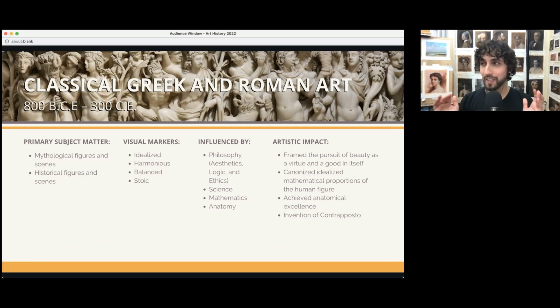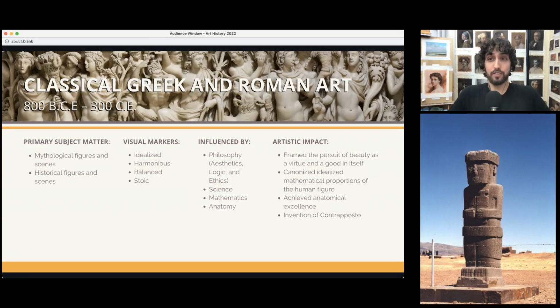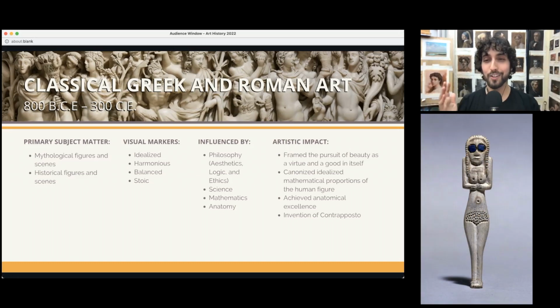Kind of difficult to imagine a world without contrapposto, but it basically just adds a dynamic element on top of something that is symmetrical. So if you have a symmetrical element, like for example, the human body, right? If you just stand stiff like this, both arms symmetrical, both legs symmetrical, then you're going to get something that's not very dynamic, doesn't feel like it has movement, doesn't feel like it has life.